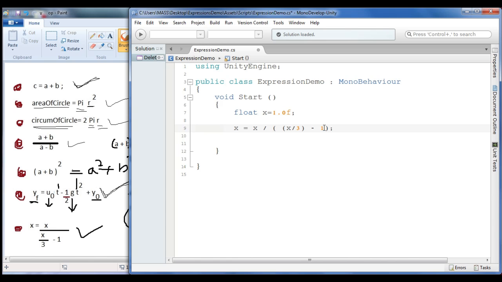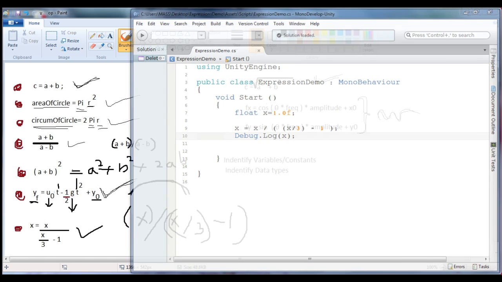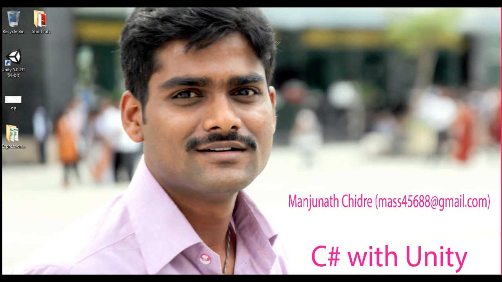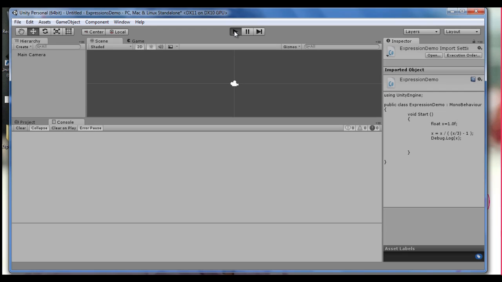This is how you are going to convert this formula to code. Let us Debug.Log the value of x. So what do we get? 1 divided by 3 minus 1. Let us see the result. We got minus 1.5 something.